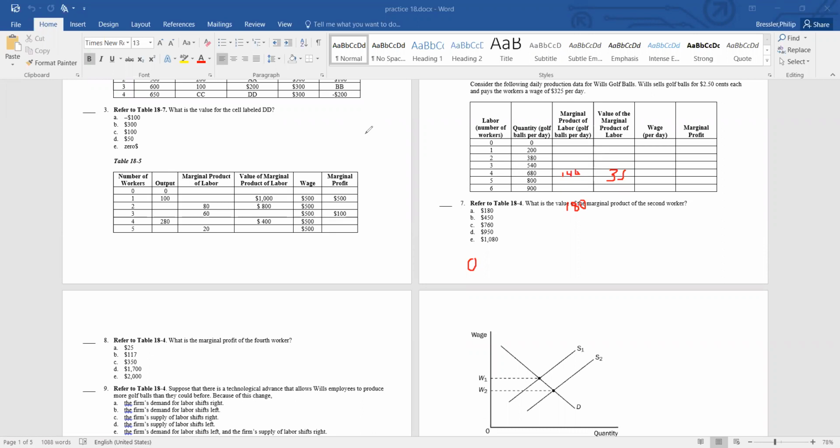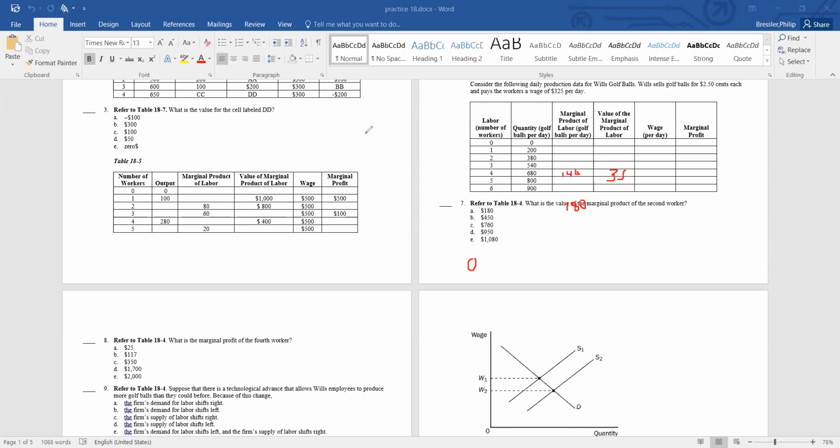Yeah, I had a question. For number 8, you said the answer was A because the marginal product of the fourth is 350 and the wage is 325, so it's 25 extra. Right. Okay, thank you. No problem.